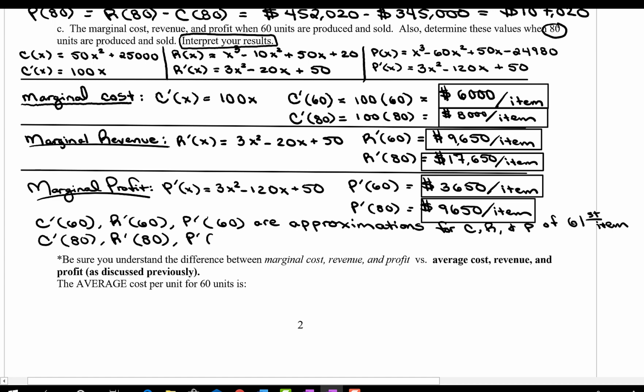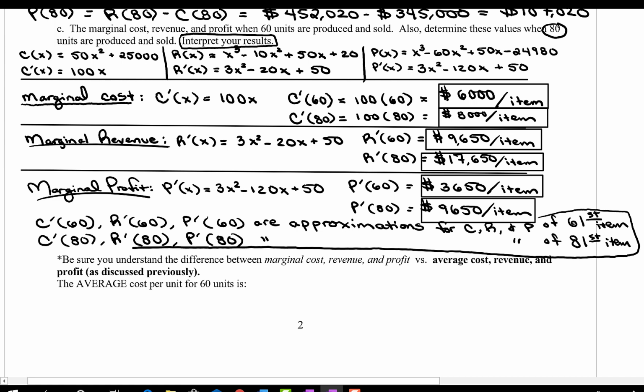C prime of 80, R prime of 80, and P prime of 80 are approximations for C, R, and P of the 81st item. I've gone ahead and boxed in the answer that I just wrote down.